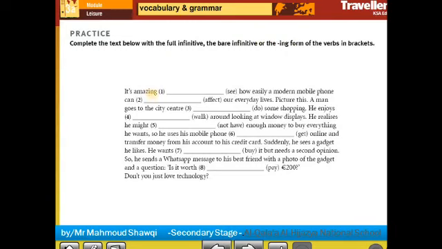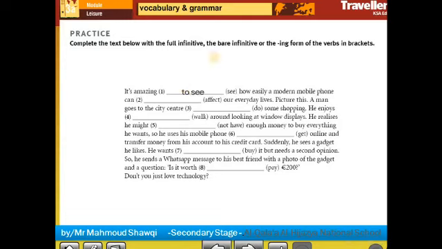The first one. It's amazing, space, see how easily a modern mobile phone can. It's, it plus be plus adjective. Okay? It's amazing to see, it's amazing see, or it's amazing seeing. What's your answer here? Yes, that's right.